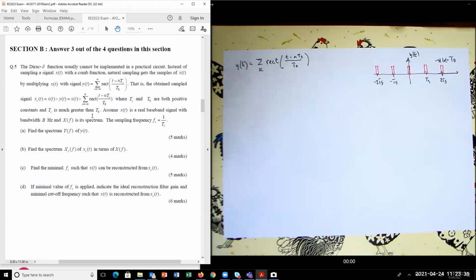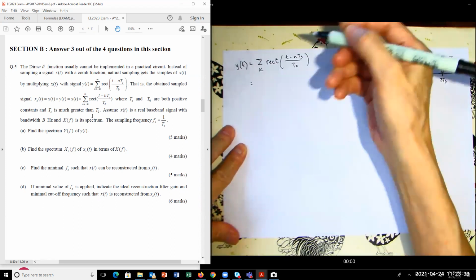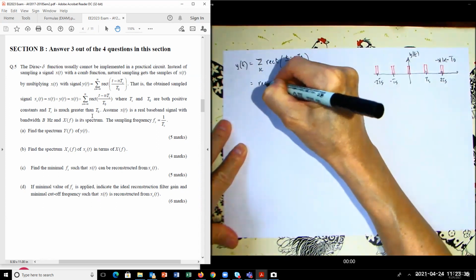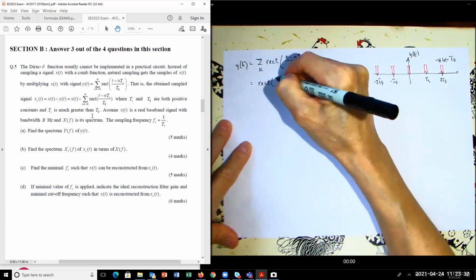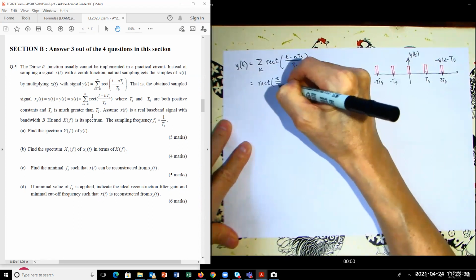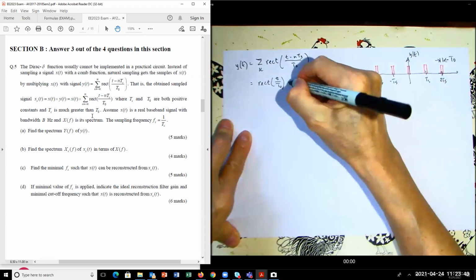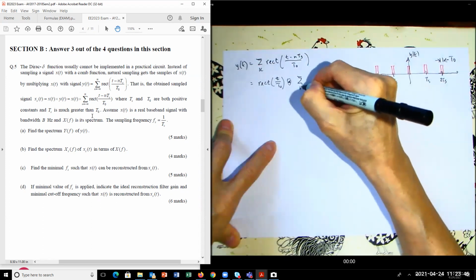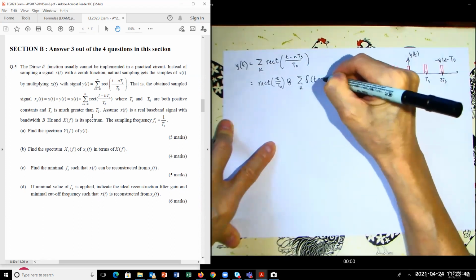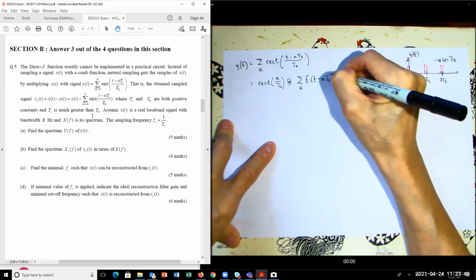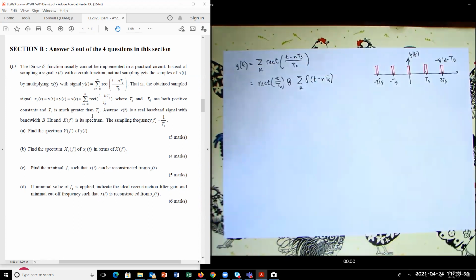So this can be rewritten as rect of t over t0, that is your generating function, convolved with a comb function with spacing Ts. Both say the same thing.